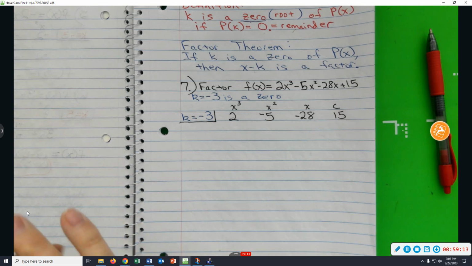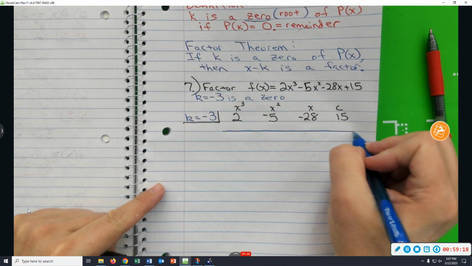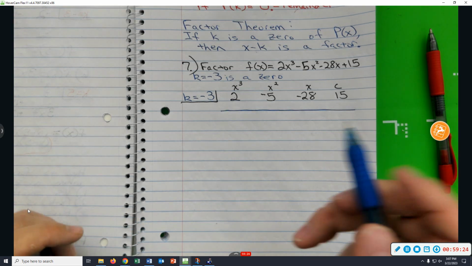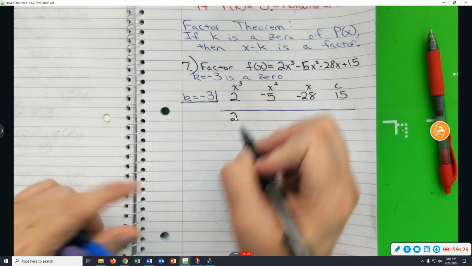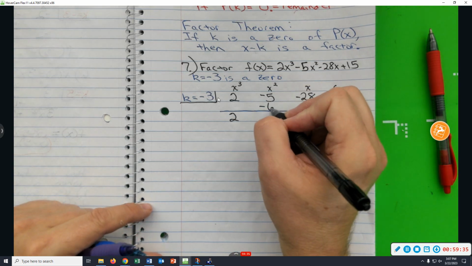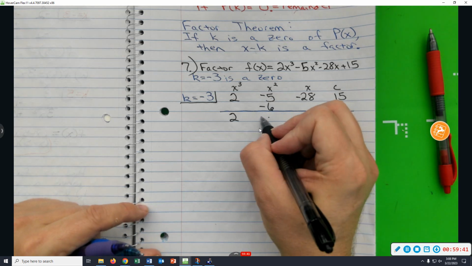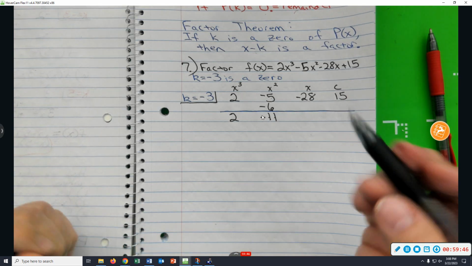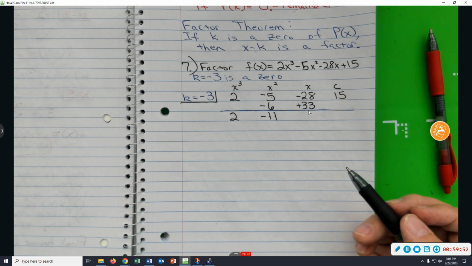Now I'm going to skip a line. Bring down the 2. Then 2 times negative 3 is negative 6. Negative 5 minus 6 is negative 11. Negative 3 times negative 11 is a positive 33.